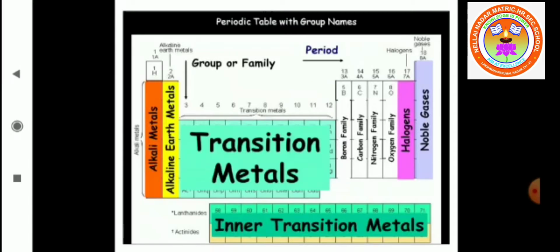Coming to the 13th group, it is called the boron family. 14th group is carbon family. 15th group is nitrogen family, 16th group is oxygen family, 17th group is halogens, and the 18th group is zero group or noble gases. Okay children, so these are the 18 groups in the modern periodic table.